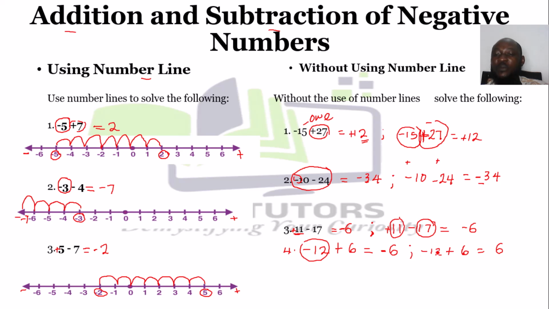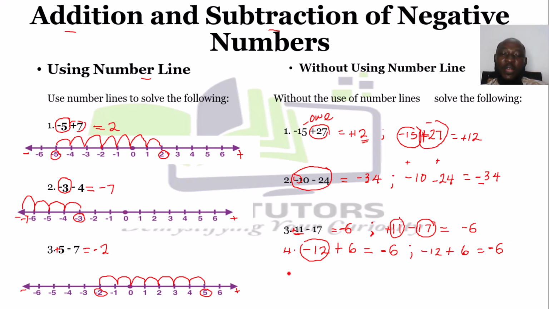Which of the number is bigger, 12 or 6? Of course, 12 is bigger, and 12 is carrying the negative sign. So I'll just put a negative number there. You see, we've gotten our answer, minus 6 and minus 6.